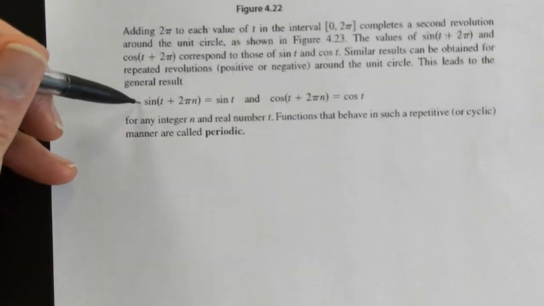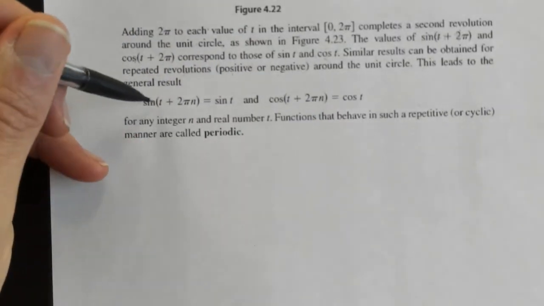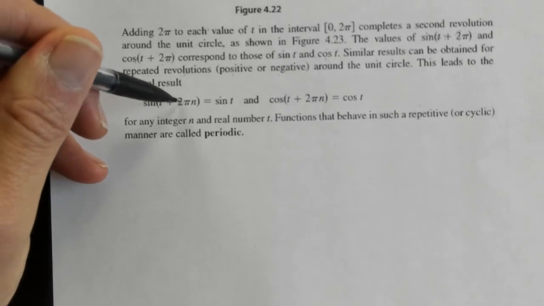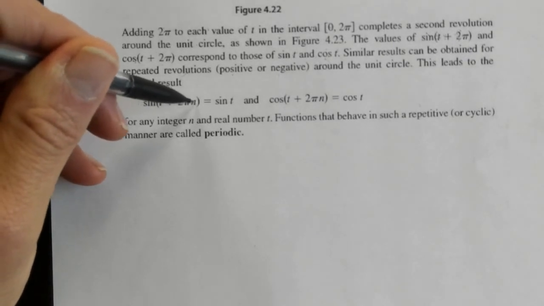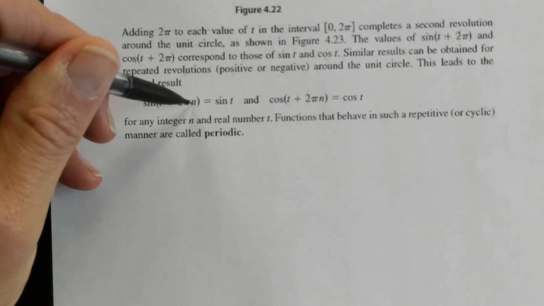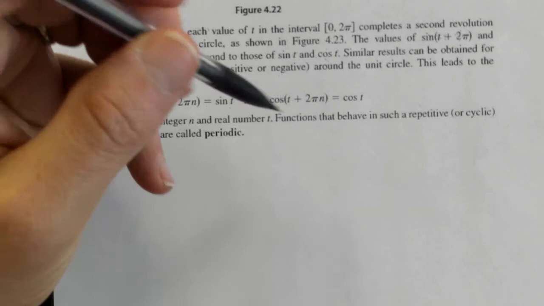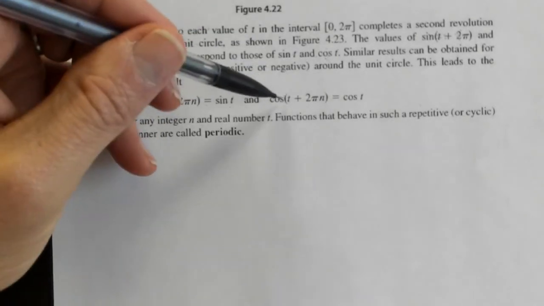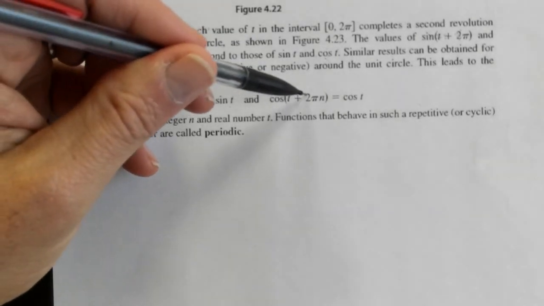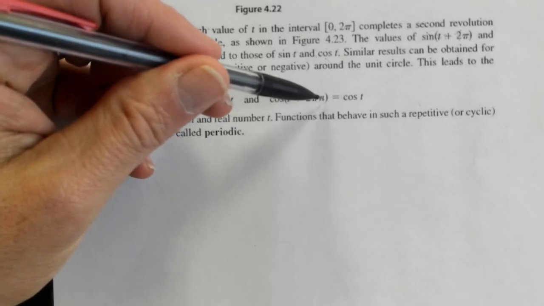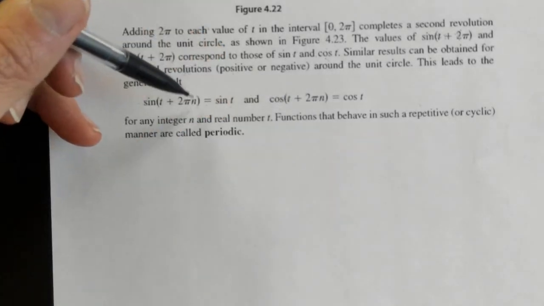So that results in this general equation: the sine of t plus 2 pi times n, whatever integer you want that to be, equals the sine of t. And likewise for cosine of t plus 2 pi times whatever integer. This integer n stands for however many times you're going around.